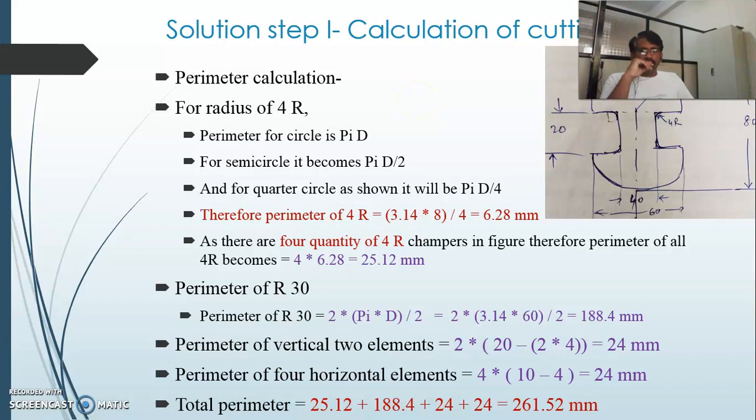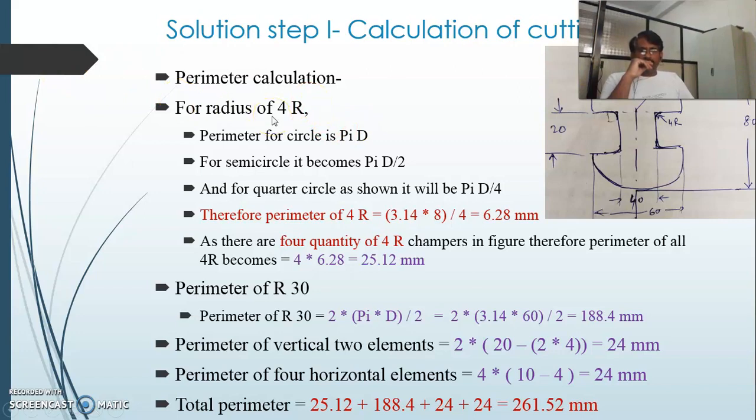In the given data, the thickness is provided, the percentage penetration we require to assume, maybe 100% or 70%. In this solution we have assumed 70% penetration, and the thickness and shear strength are also provided.